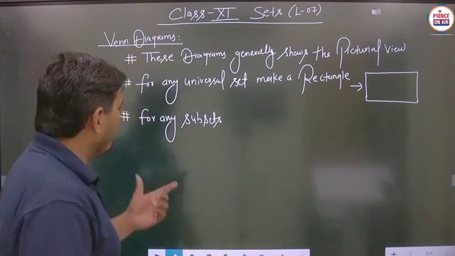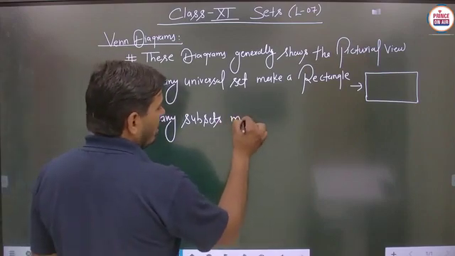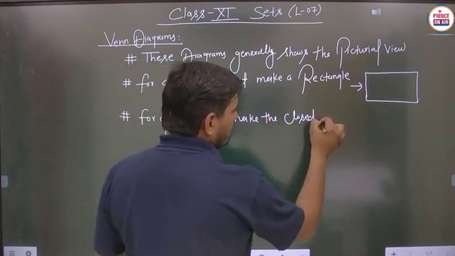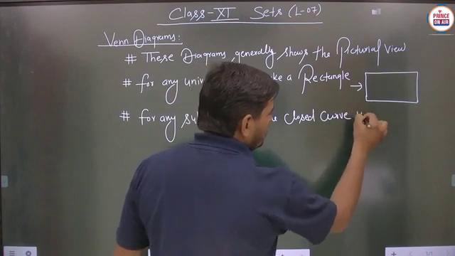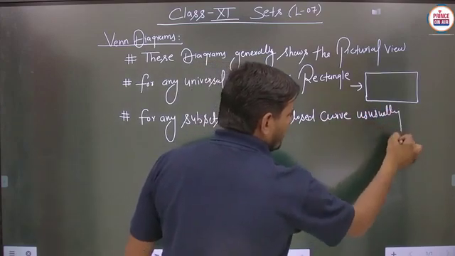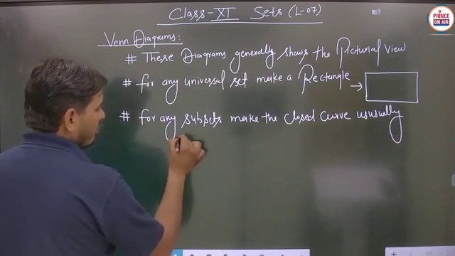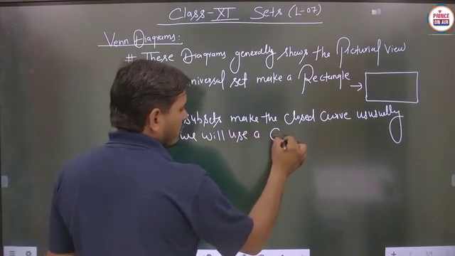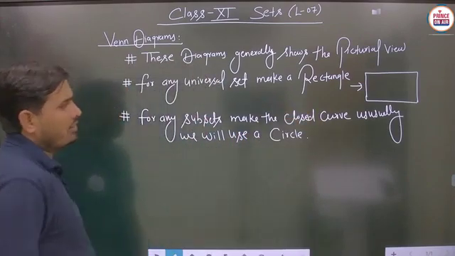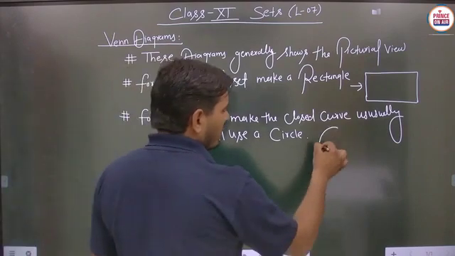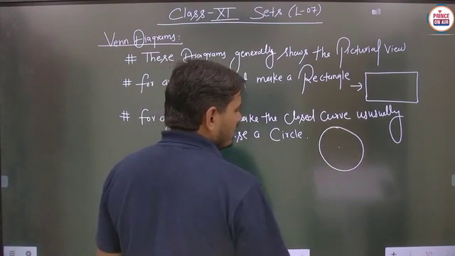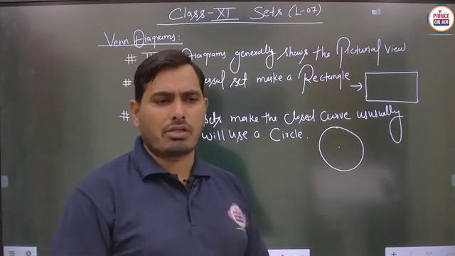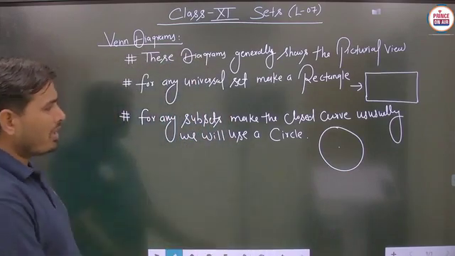For any subsets, make the closed curve; usually we will use a circle. Is it clear? For any kind of subset, basically students, we have to make the circle. Here, for the representation of a subset, and for the universal set we have to make the rectangle. So these types of diagrams are to be made.